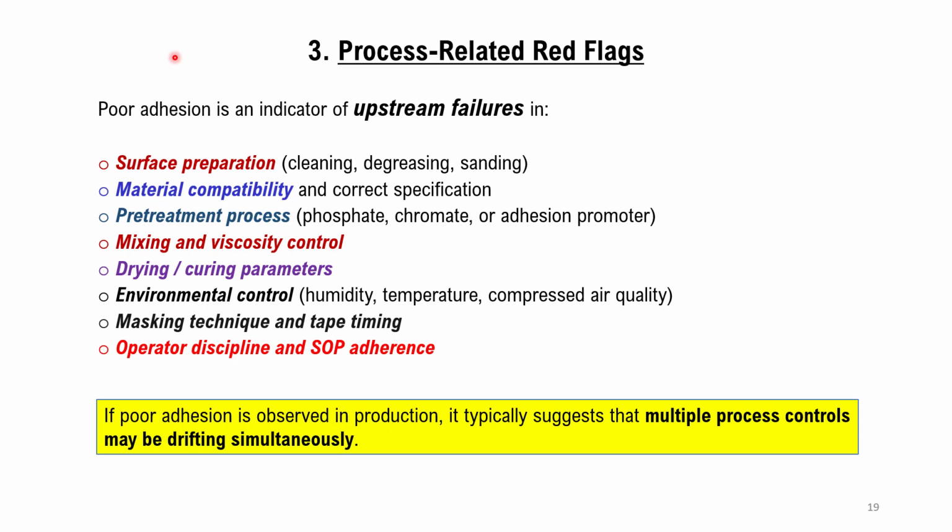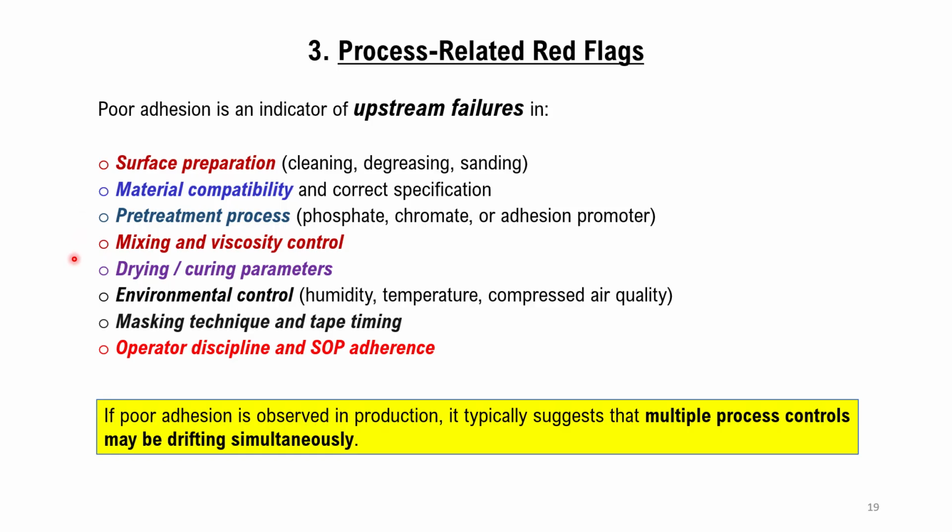Now, process-related red flags applicable to poor adhesion. Poor adhesion is an indicator of upstream failures in the following. Number one, surface preparation, cleaning, degreasing, sanding. Number two, material compatibility and correct specification. Number three, pre-treatment process, phosphate, chromate, or adhesion promoter.